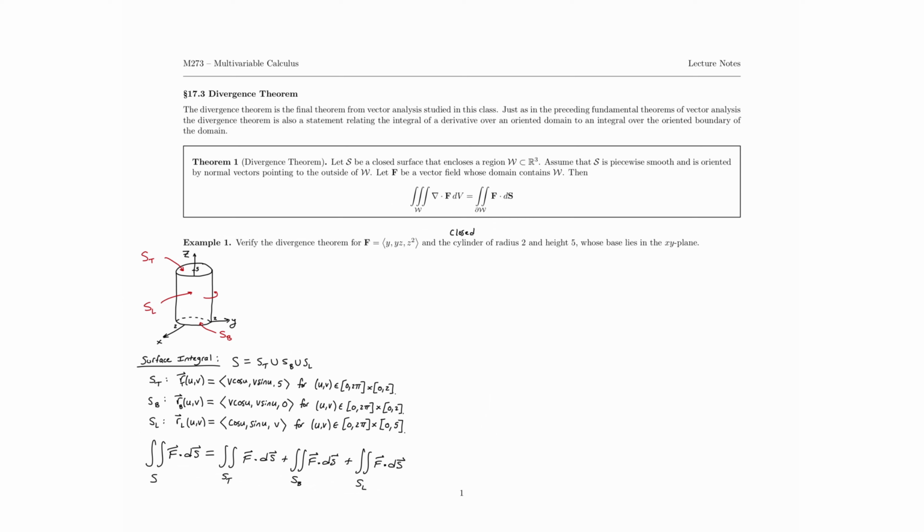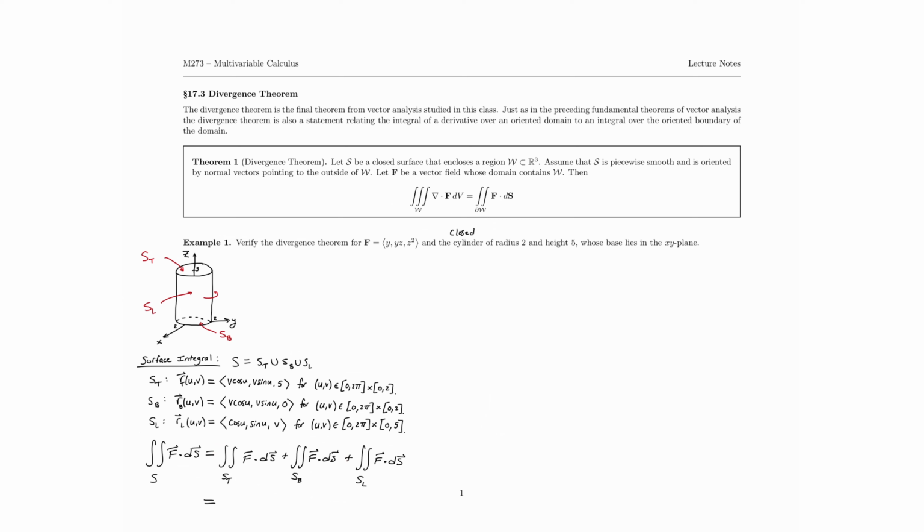Once we have that, we can go ahead and chip away at this a little bit. Note that since the domain for ST and SB are the same, we should be able to condense these two together in such a way.